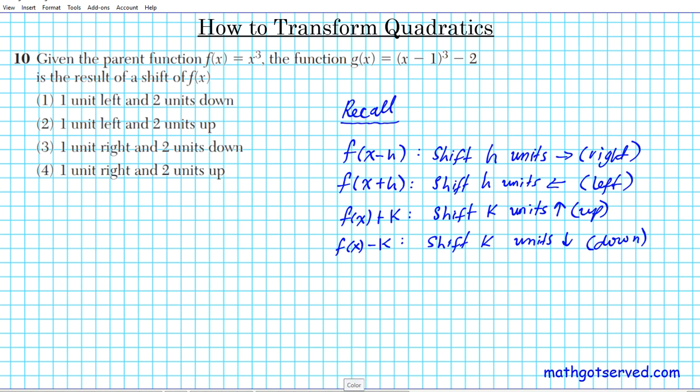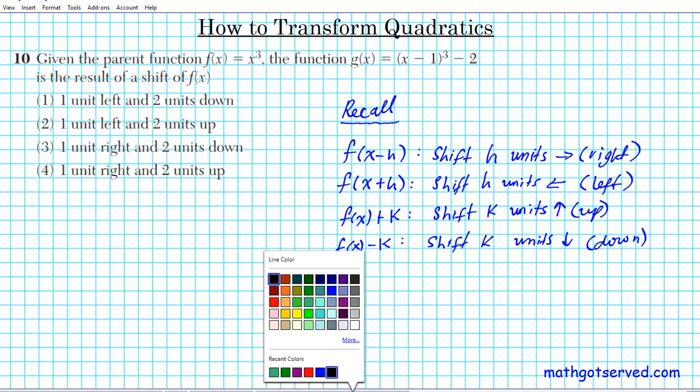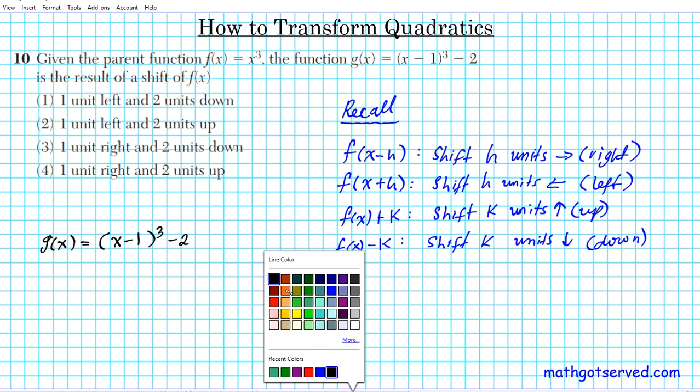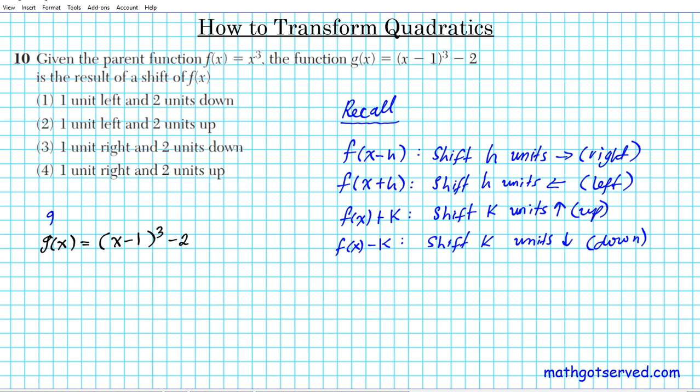In this problem we have g of x equals (x minus 1) to the third minus 2. So let's write down our general formula right next to it and see what's going on. Generally we have g of x, which is a function of x minus h.